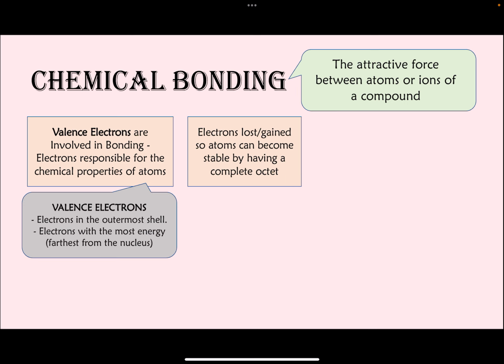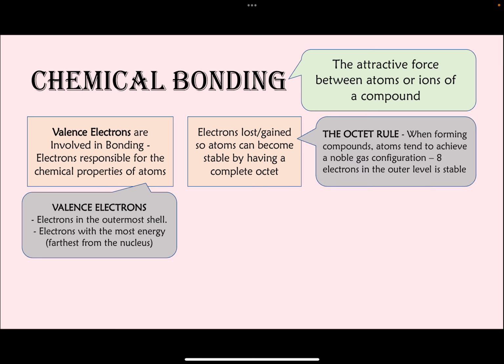If electrons are gained or lost, that means the atom is trying to become stable and have a complete octet. When electrons become ions, whether they are transferred to something else or shared, that kind of dictates the type of bonds they make. But the overall reason for why something is happening to the electrons is because they are trying to have a complete octet and to become stable.